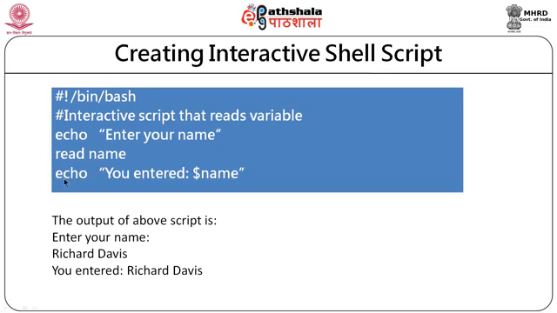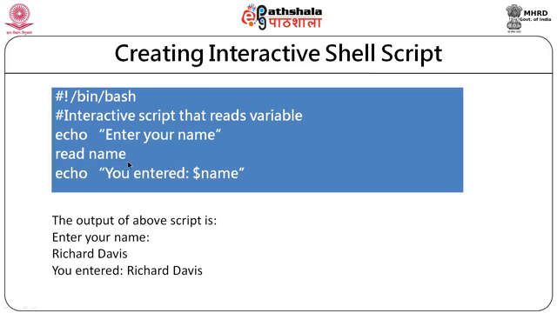In the third statement, I am displaying the content of the name variable. So, the third statement contains echo you entered $name. Whenever we want to display the content of any variable, we use the $ sign in front of it. So, over here the second line indicates the name variable.